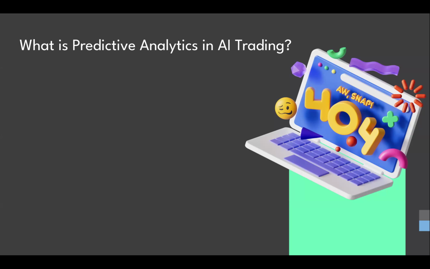So, what is predictive analytics in AI trading? It allows us to analyze past and current market data in order to predict the future movement of the price or of the market. So we take the data of what has happened before and compare it with the current data that we have, in order to make an analysis to predict what will happen next.